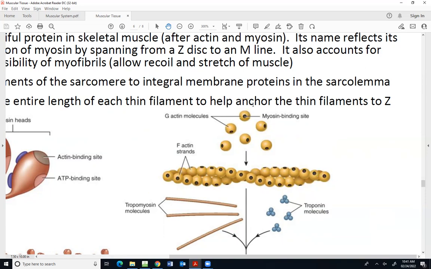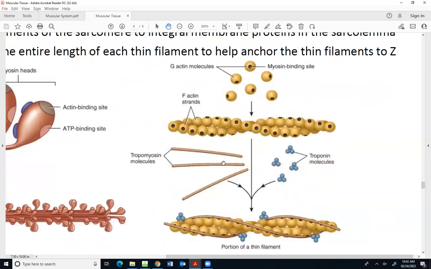Each of those G-actins has a myosin binding site. And when you put it together, forming the strands, notice that the myosin binding sites are going to be lined up the way that they are. Now, the other two parts to a thin filament are the two regulatory proteins, tropomyosin and troponin.